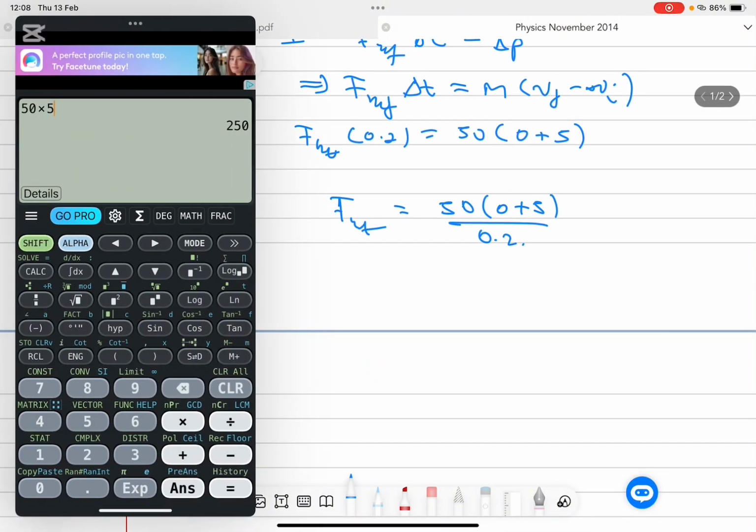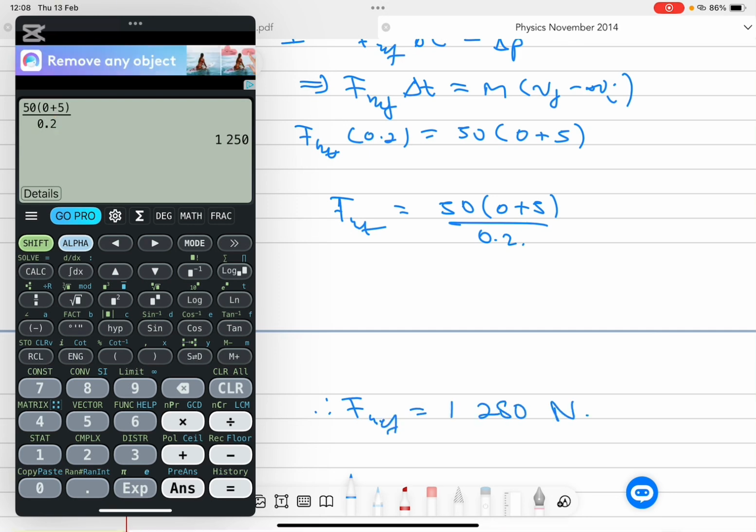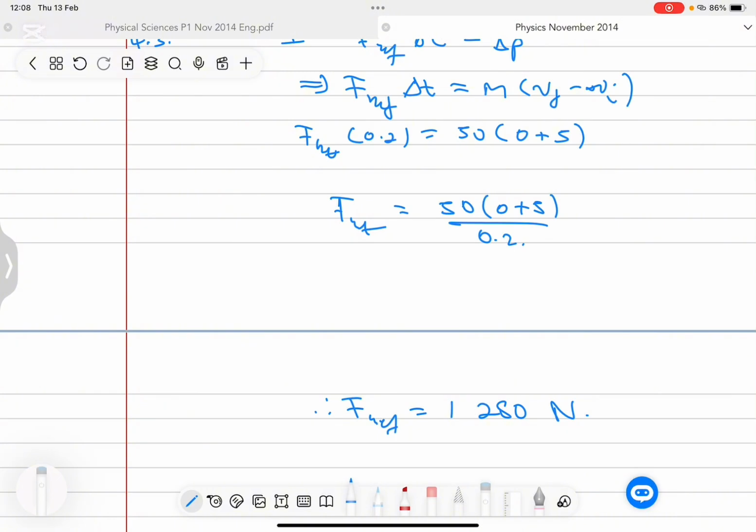And I can simply punch that in my calculator: 50 times open bracket 0 plus 5 close bracket over 0.2. And this gives me a force of 1,250 newtons. Now, when we look at this, the force is positive.